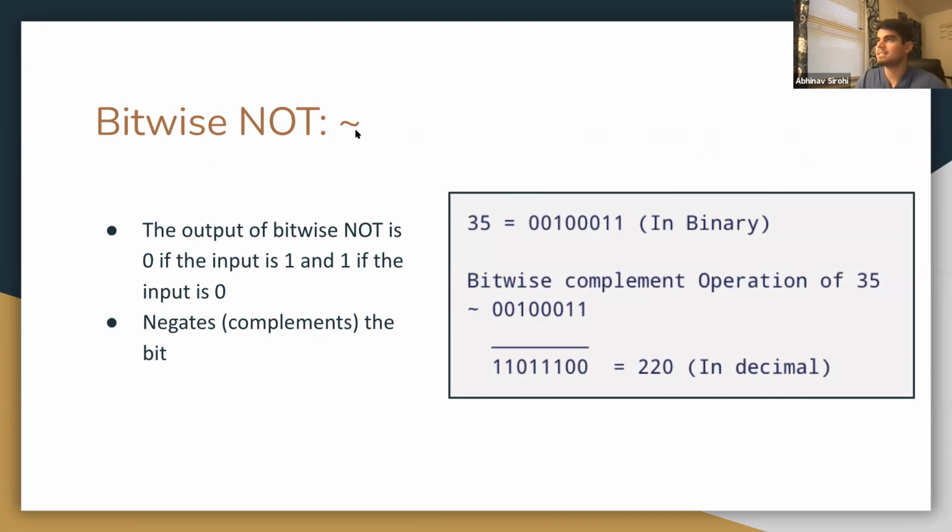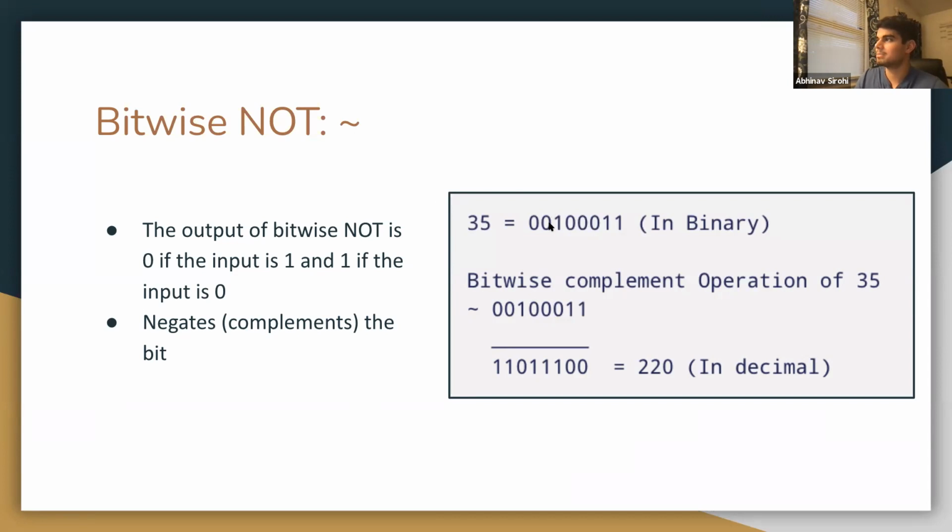Bitwise NOT is represented with the tilde, which is this symbol over here. The output of bitwise NOT is 0 if the input is 1, and the output is 1 if the input is 0. So it basically just negates or complements the bit that you give it.